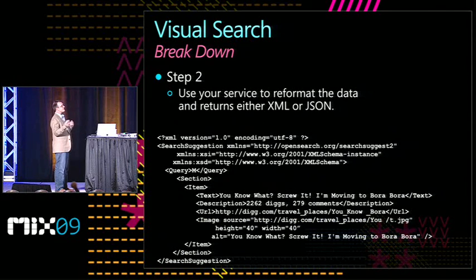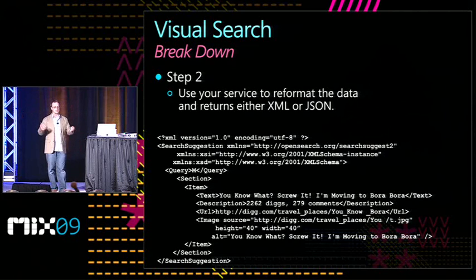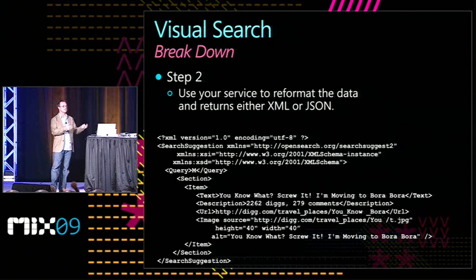So once I've got that content, what I need to do is massage or reformat it. I'm going to build that XML format that I showed you before by simply taking some XML over here and massaging it. Now, in the case of Digg, if this were to go into production within the Digg website, my guess is that massage would occur within the Digg environment, and it wouldn't be done by a third party.